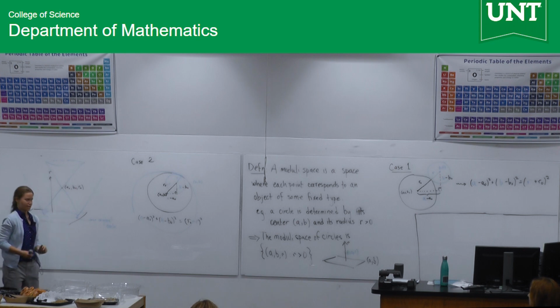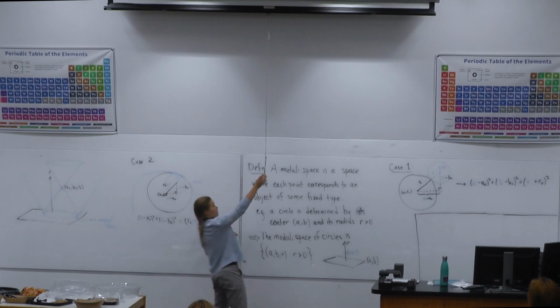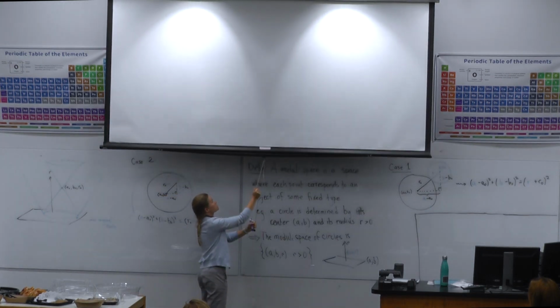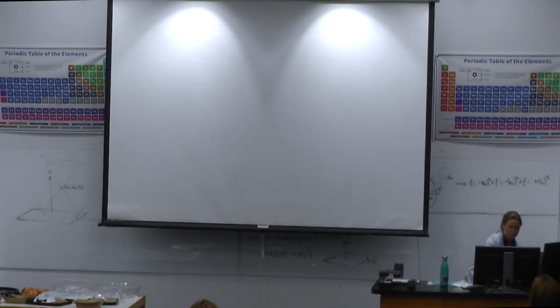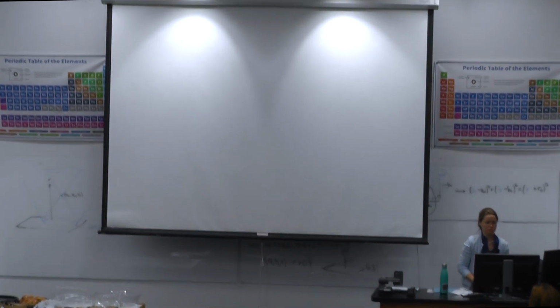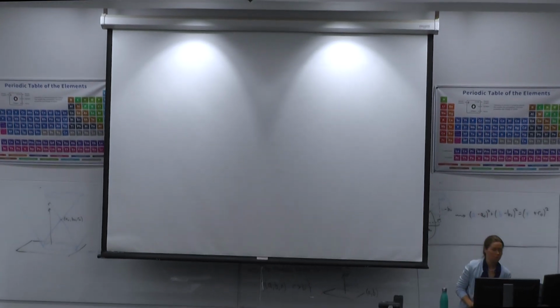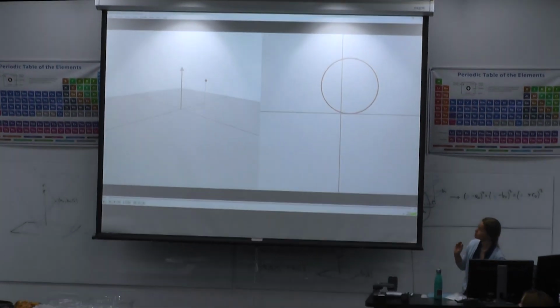All right. So I want to share now an animation with you that one of my friends made for me. It's an animation of the moduli space of circles, as we were just discussing.